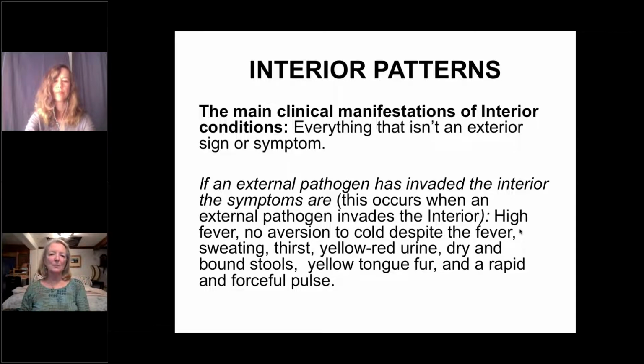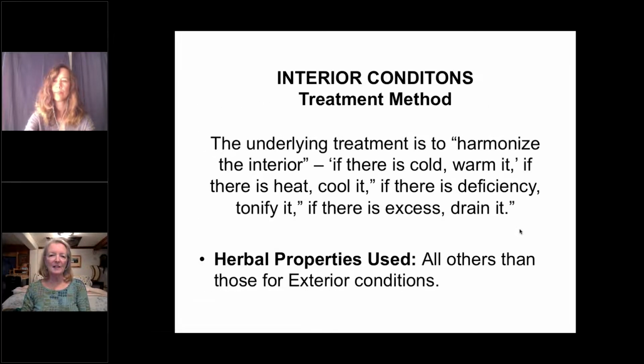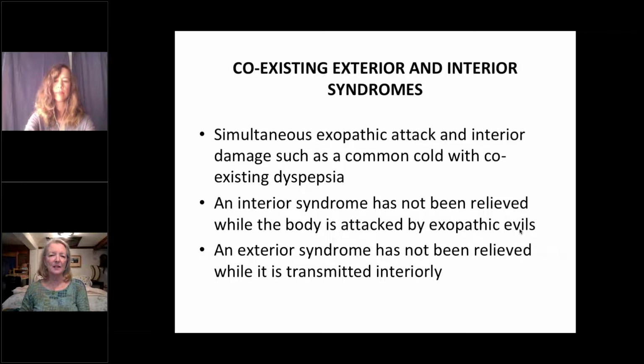And in this case, we need to treat somebody half interior, half exterior. You can have coexisting exterior and interior, where you have separate conditions. So let's say you've got hypertension, or you've got depression, or you've got menstrual issues, but at the same time you get a cold or flu.